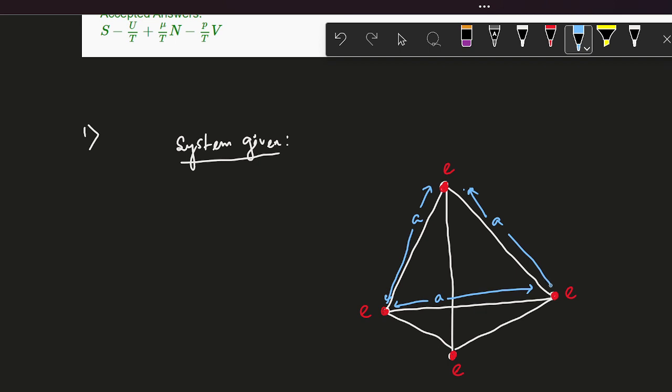Okay, so this is A, this is also A, this is also A, and similarly from here to this corner, this is also A.